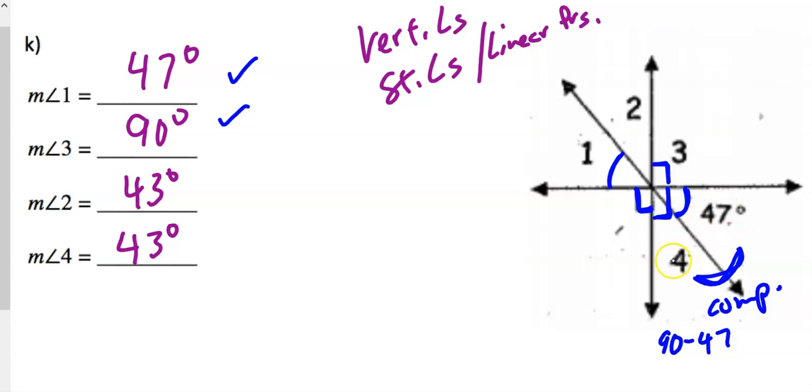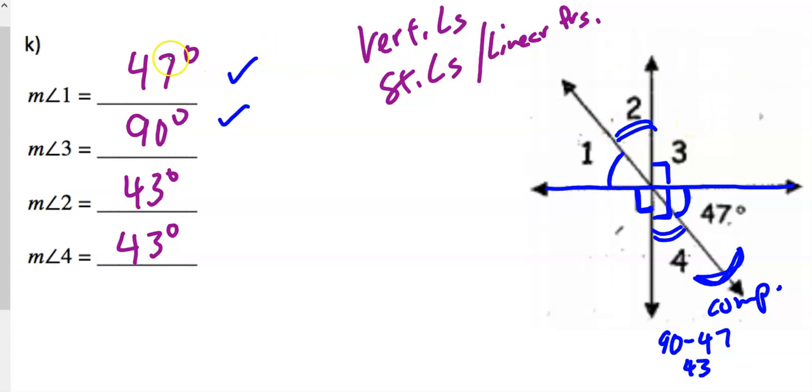Again, because 47, what am I missing to get to 90? Because again, this is a straight angle, so 90 plus 90 forms a straight angle. So it makes these two angles complementary. So that makes this angle 43, which is also vertical to angle 2.